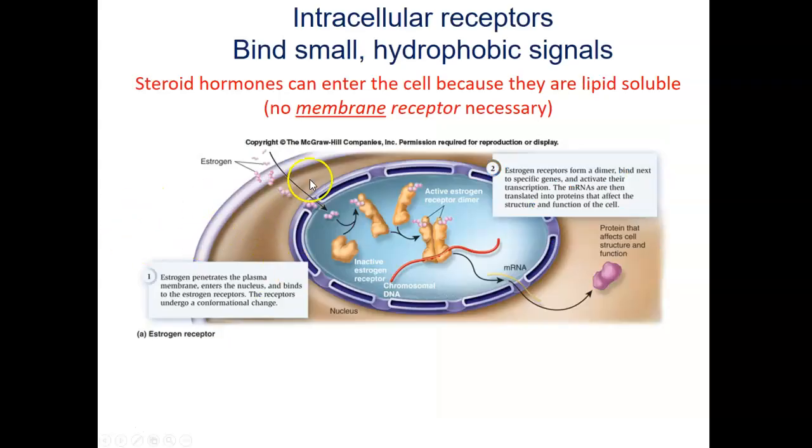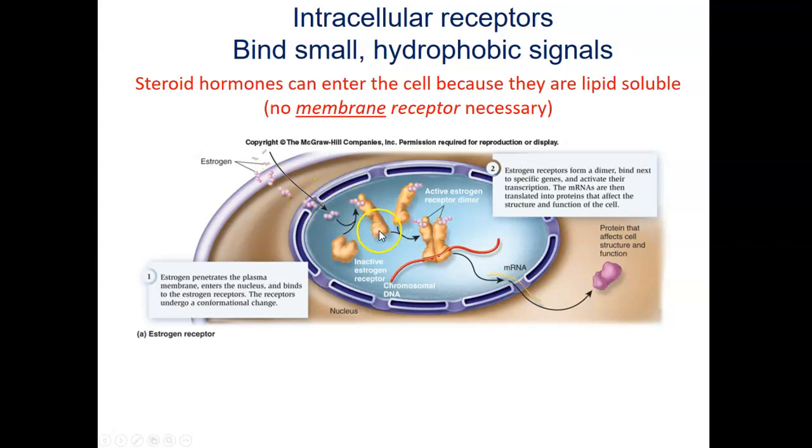So these signaling molecules will make their way through the phospholipid bilayer, and they actually go all the way into the nucleus itself. So we call the targets of these types of signaling molecules nuclear hormone receptors, because they're residing in the nucleus. And so here we have that signaling molecule, for instance, estrogen. Estrogen is able to go through the phospholipid bilayer all the way through the nuclear pore.